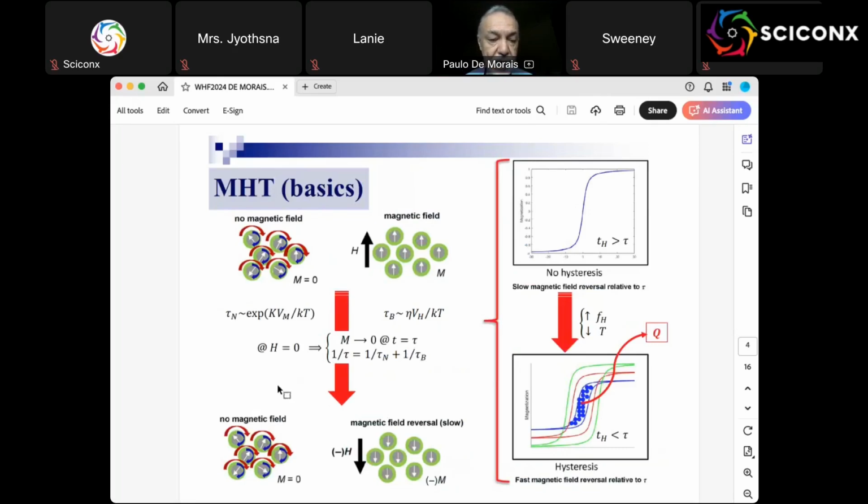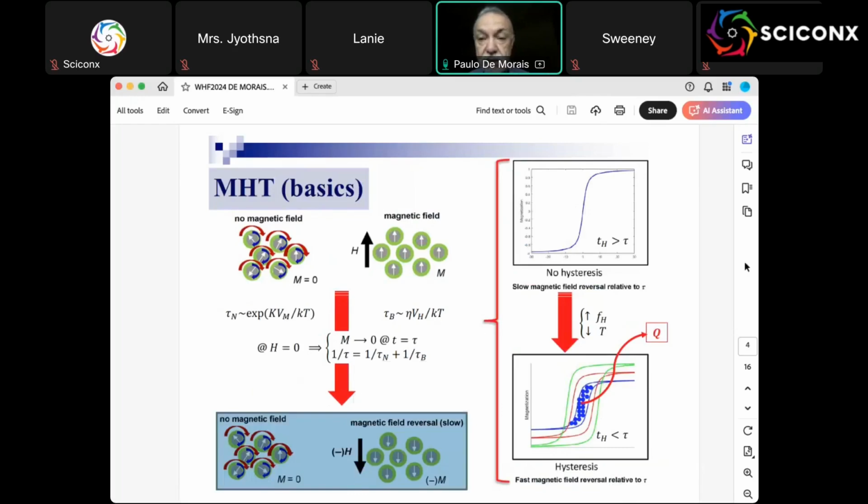Okay, so bearing in mind that we have these two relaxation mechanisms, we can understand the process of generating heat. So let's say to generate heat, you have to apply an external AC magnetic field.